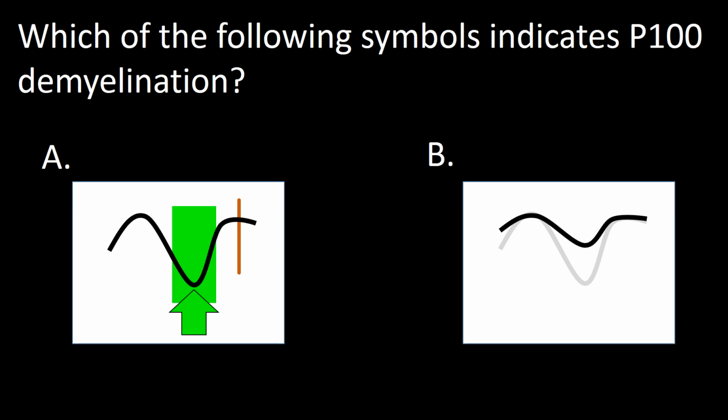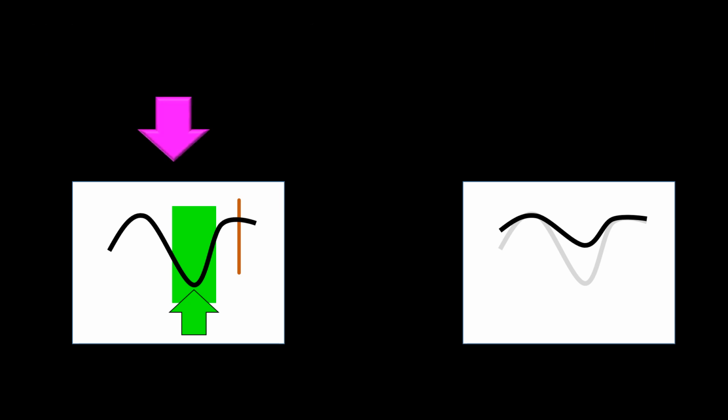Next question. Which of the following symbols indicate P100 demyelination? The width of the green thick line indicates the range of normal P100 latencies. The vertical thin line indicates the actual latency. In this example, P100 has occurred beyond the upper limits of normal.